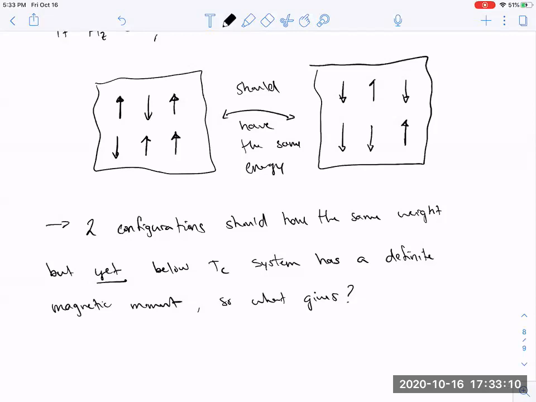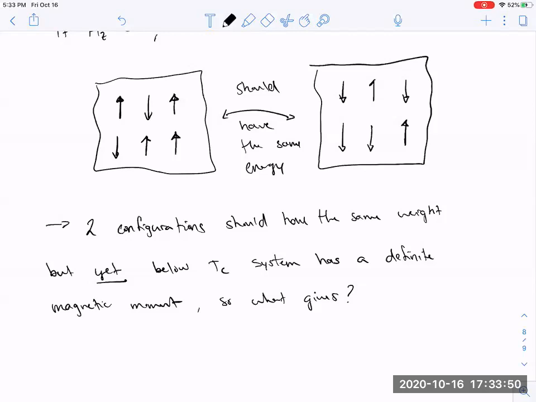So to restate the argument, if those two configurations have the same weight, they should contribute equally to any expectation value. That should be the same if all of them are pointing up or all of them are pointing down, which would seem to suggest that in the absence of any fields that break that symmetry, the system should always have a zero magnetic moment. And yet that's not true. We know magnets exist. So how is it possible that the system generates a magnetic moment?